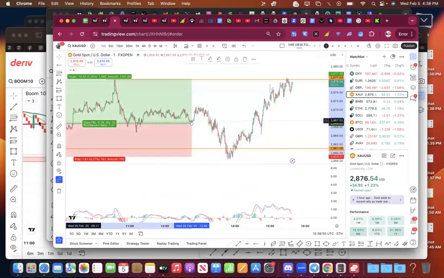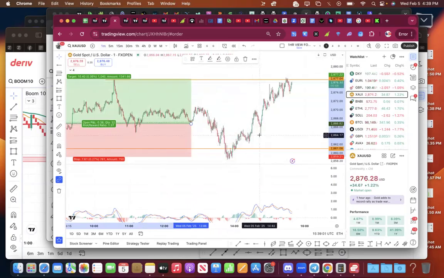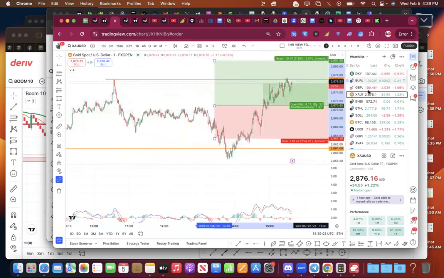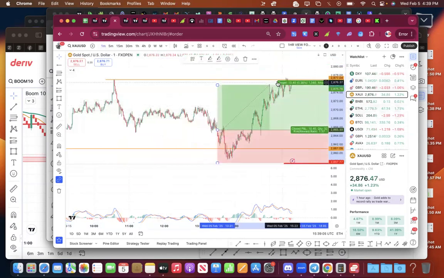Or your entry will have been, this is a low on a high and a low. So your entry will be here or this drop. So your stop loss here, and your take profit here. So you are still on 1:1.5 or thereabout.